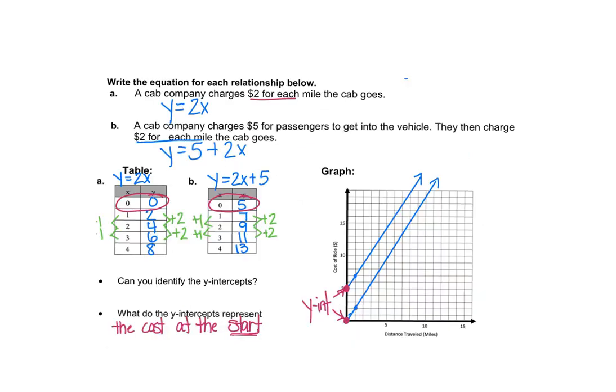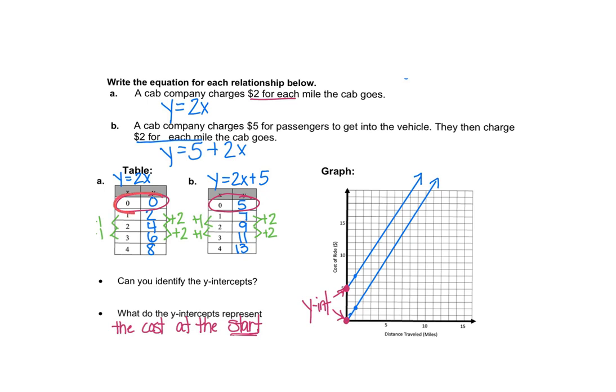We also did this problem a few days ago, where we were talking about these two relationships. A cab company was charging $2 for each mile. The second one was charging $5 for the passengers to get into the vehicle, and then they charged $2 for each mile. Notice that we had identified the y-intercepts in both of these situations.